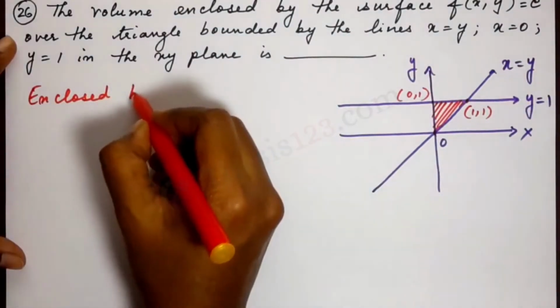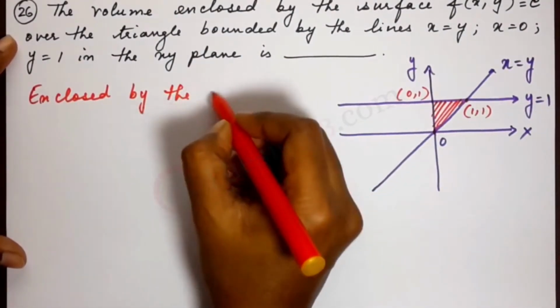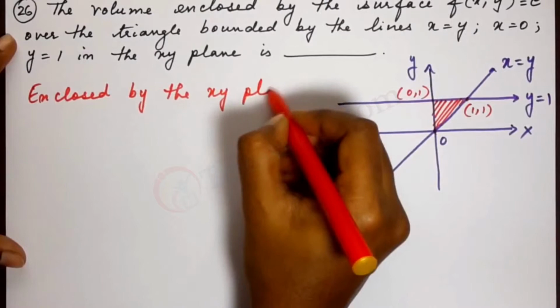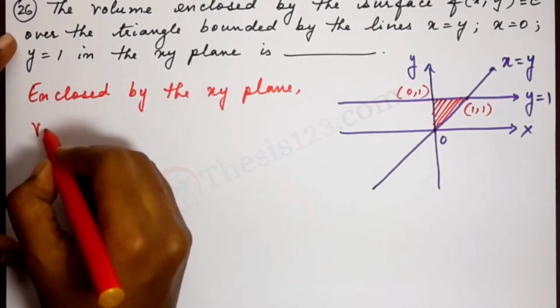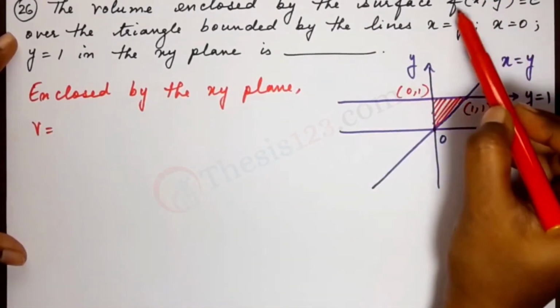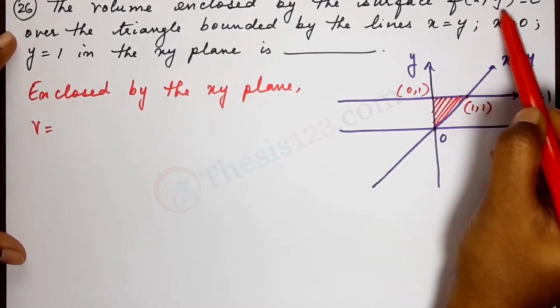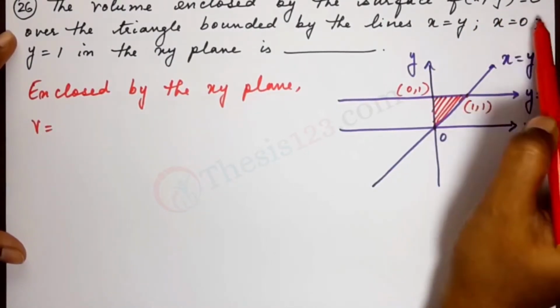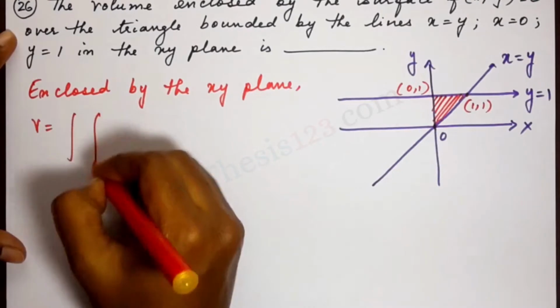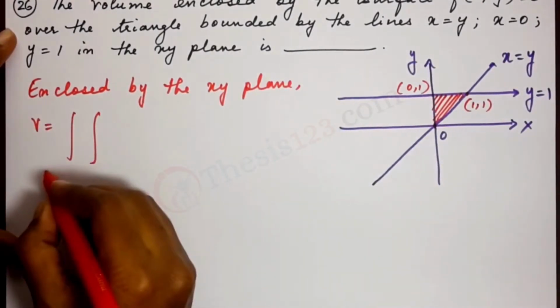So our volume would be, now this is a surface f(x, y) equals e^x, so please be very careful here. We would have a double integral.